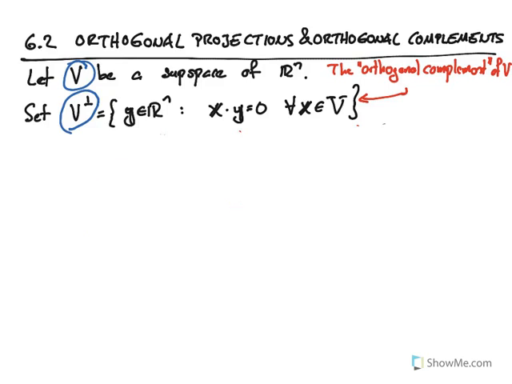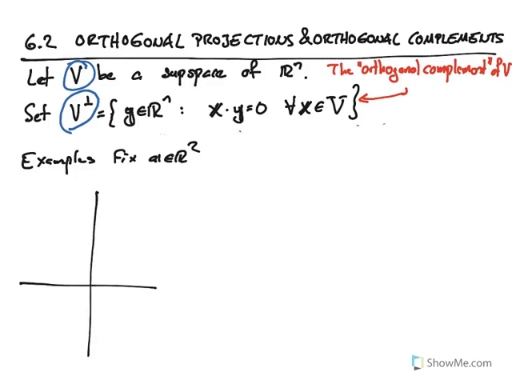So let's do a couple of examples. Let's fix a vector A in R2. This is something we did earlier in the course.